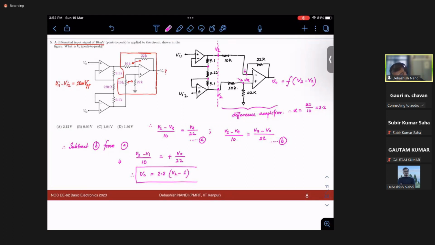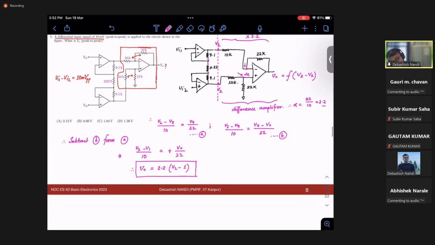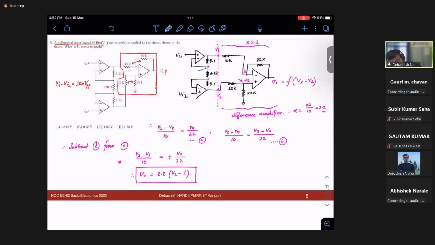Okay, so then how to go about this? The input side of the circuit, you note that this voltage and this voltage, this is plus, so here virtual short will also be valid, so this is V2.